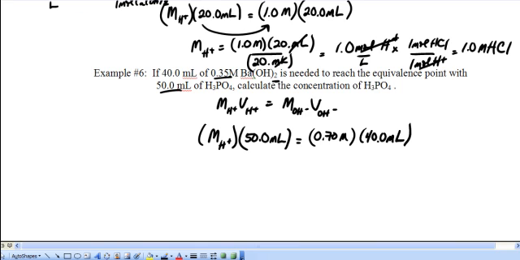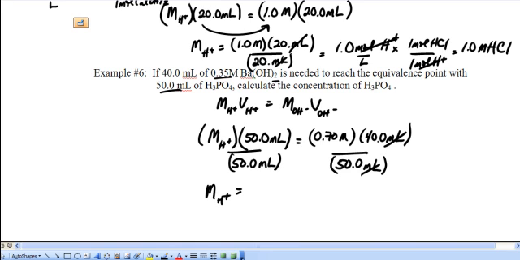And now we solve. Divide both sides by the 50 milliliters. The milliliters divide out. You're left with molar. M_H+ then will equal 0.7 times 40 divided by 50, which should be 0.56 moles per liter of hydrogen.